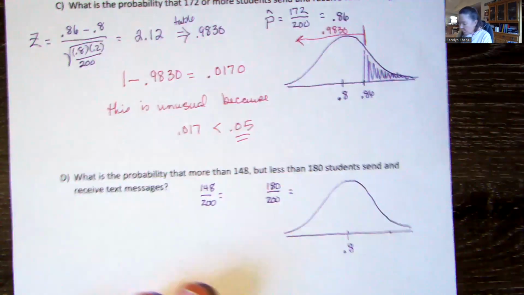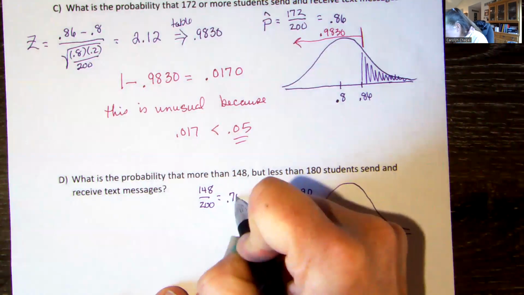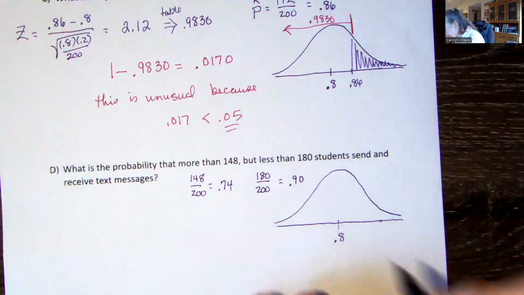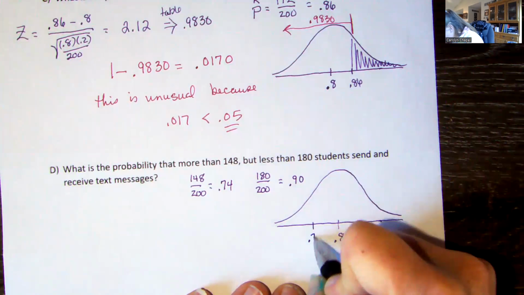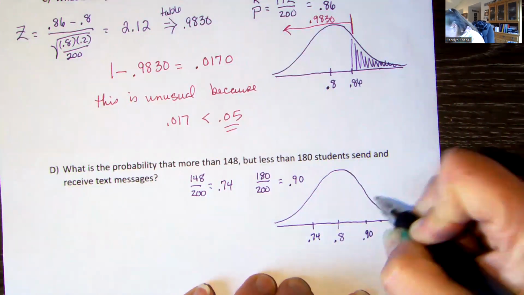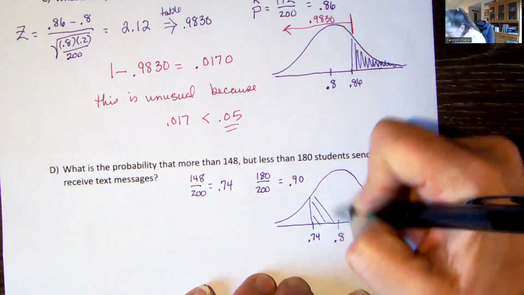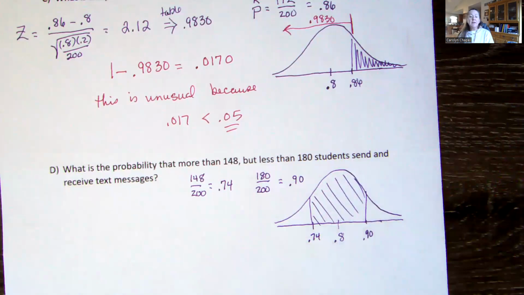This gives me 0.74 and this is 0.9. Now I can put those in my picture: 0.74 on this side, 0.9 on this side. I know it's not drawn to scale, but it's just to give us a picture of what's going on.